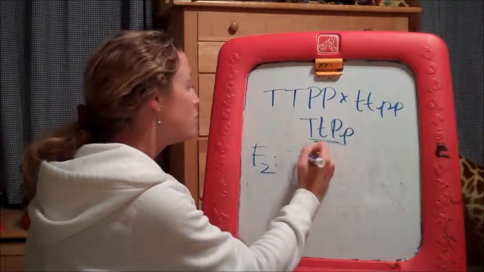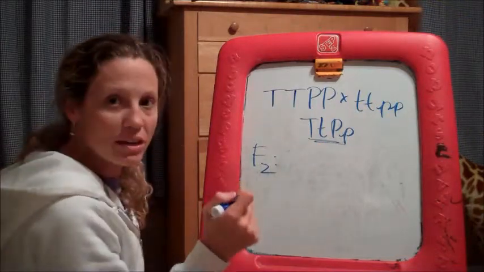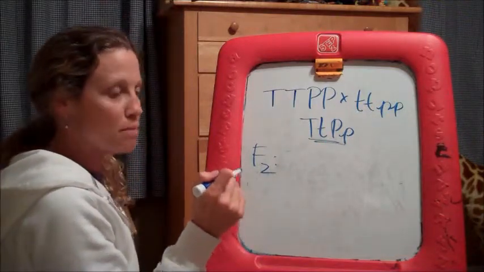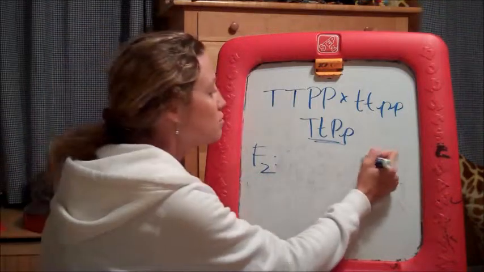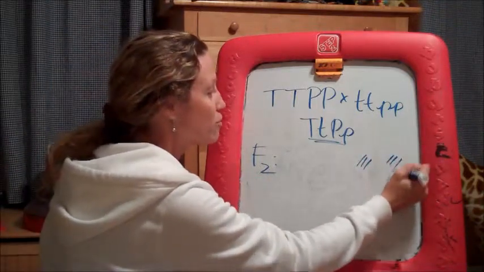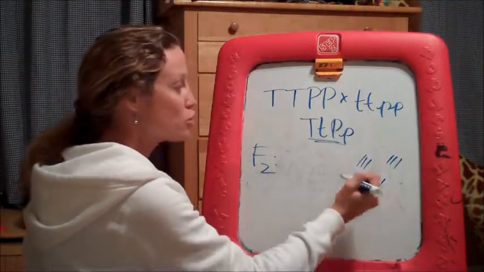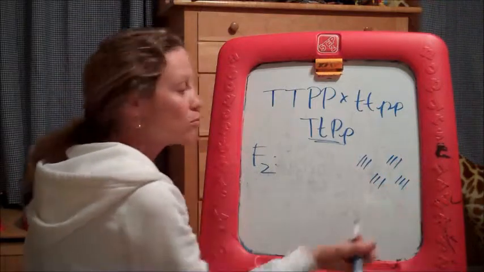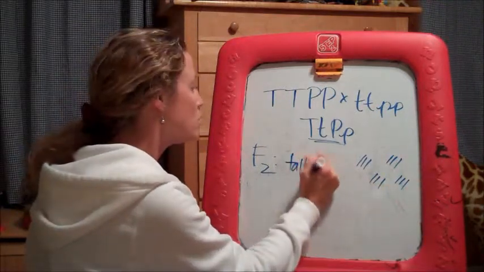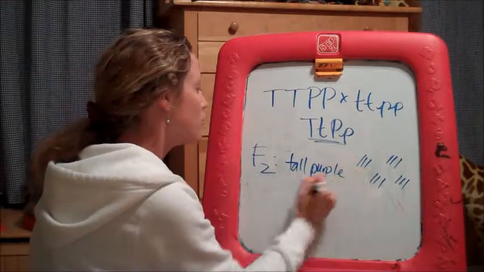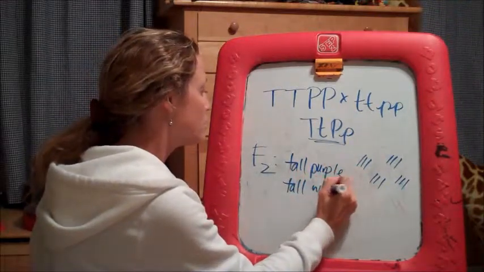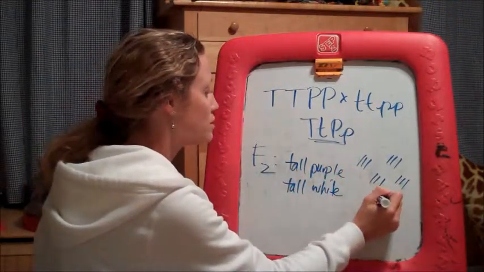So if you count them all, it helps to shade in the boxes, like maybe do really light stripes going that way for all of them that are tall and purple. And so that's 1, tall, purple. If they're tall and white, maybe you could put like polka dots in those boxes.